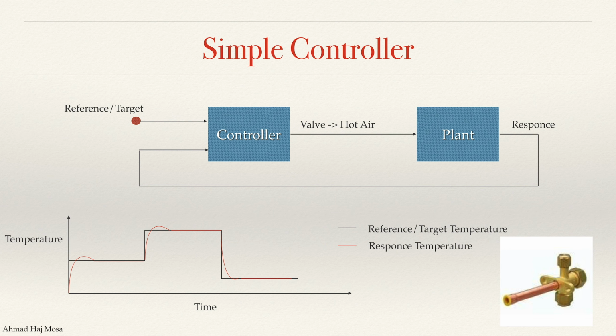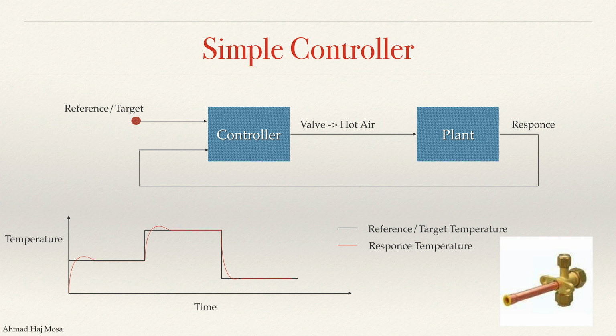Just to make it simpler for you, if we talk about control, let's take a simple example, which is the control of temperature. Let's assume we have this valve here on the right side, and this valve is the control action, which is how much I would open this valve.